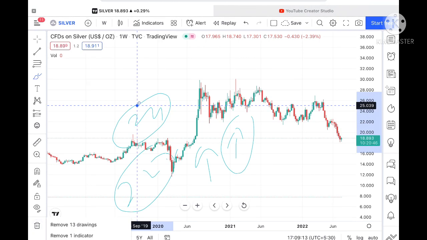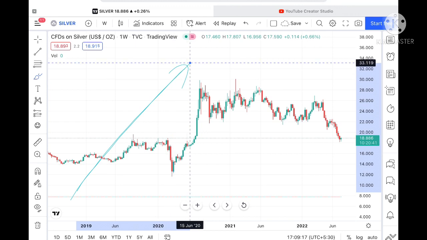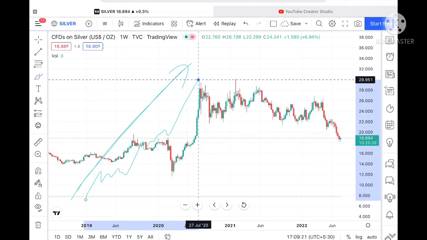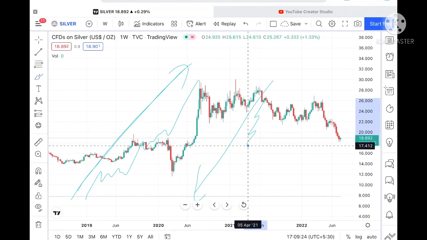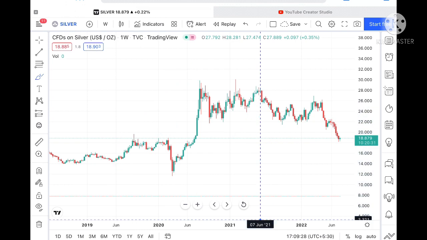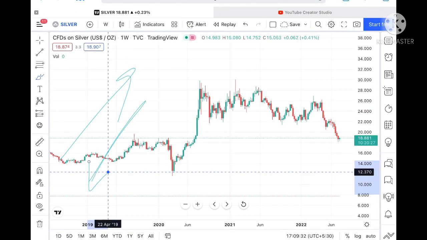But as I have already explained, the market will not go in one direction continuously. It will hold for some time, then come up, and likewise if it has to come down, it will hold for some time, then come down. So you cannot see a movement in one direction only.